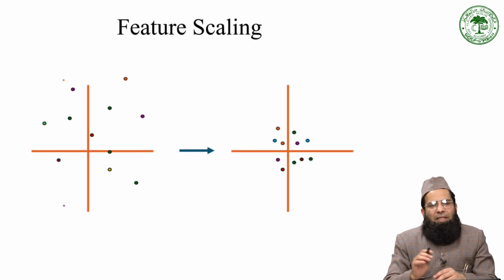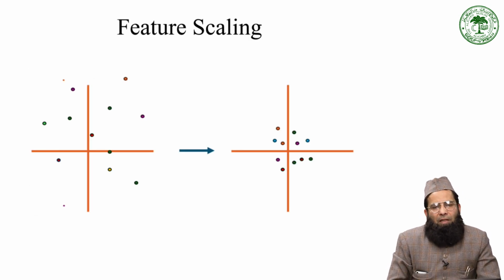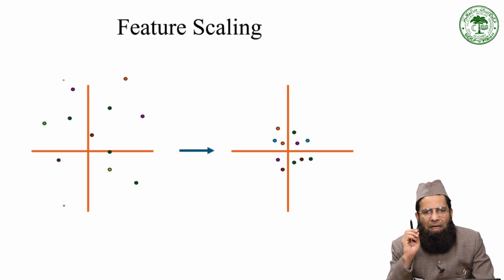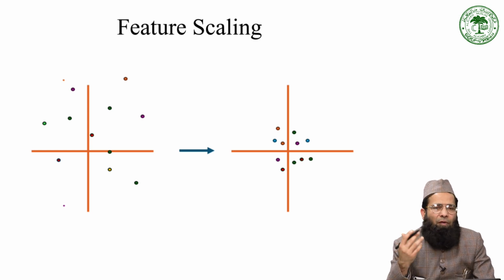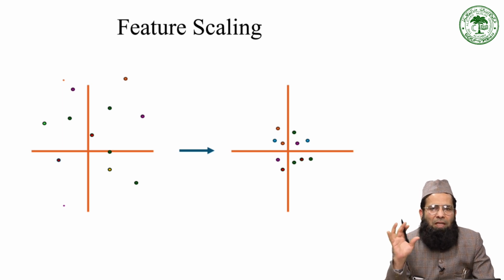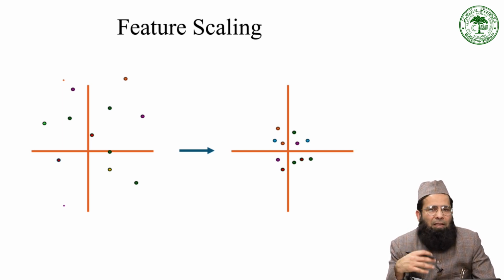So, what is feature scaling? The very first question is, what is the purpose of feature scaling? Feature scaling is a method used to standardize the range of independent variables or features of data. The primary goal of feature scaling is to ensure that no single feature dominates the others in terms of scale, which can lead to biased or skewed results in algorithms.